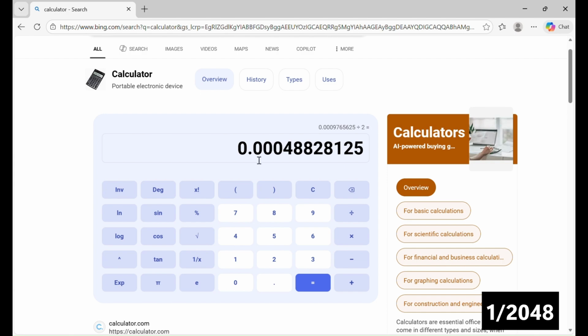Okay, now we have 3 zeros following after the decimal point, and that makes our number 0.00048828125. At this point, I don't even know how many times I've divided this number by 2, but I'm guessing it's around, let's say, more than 20.